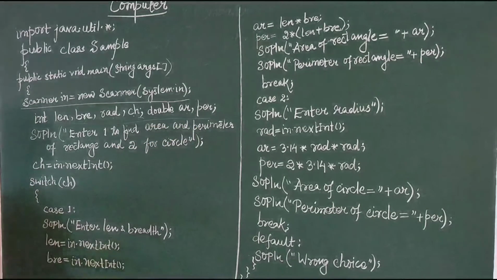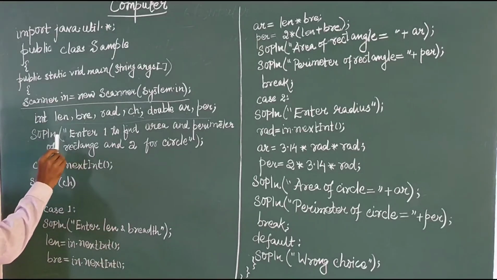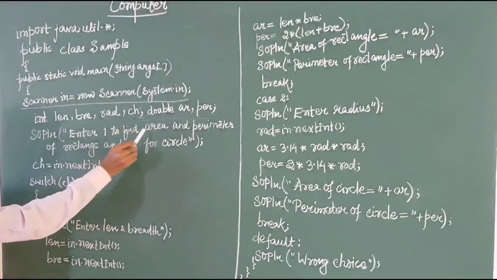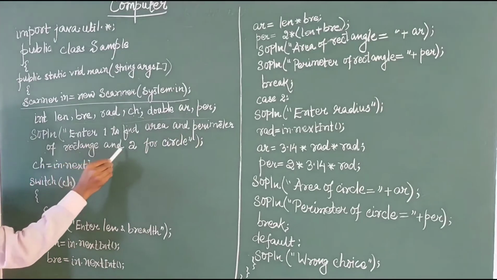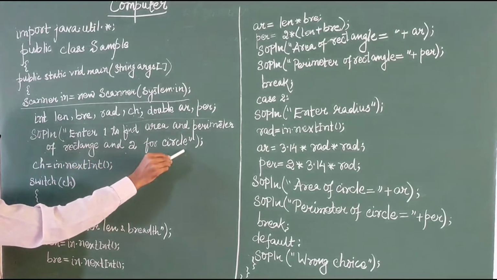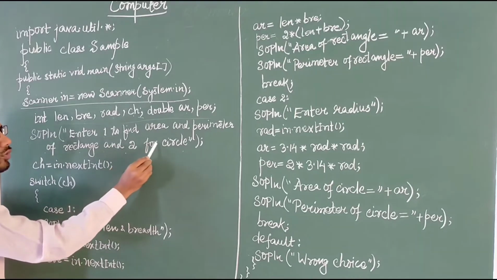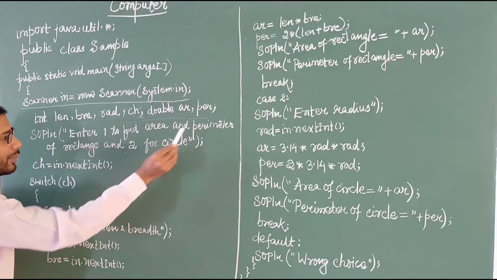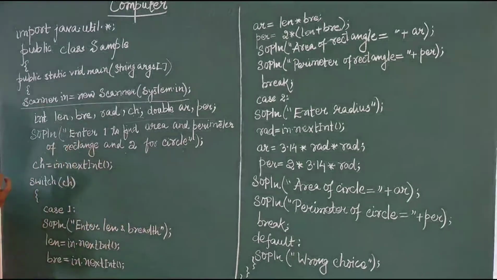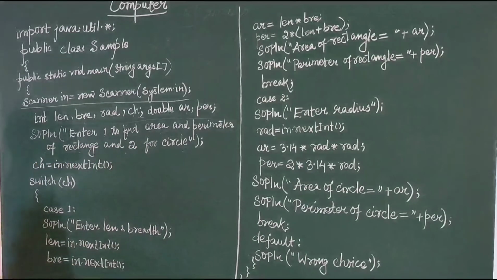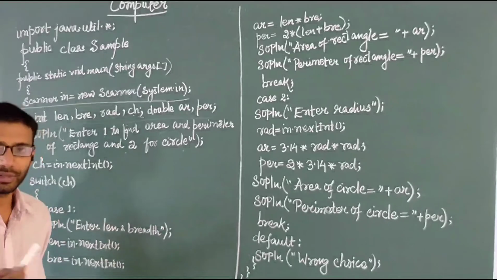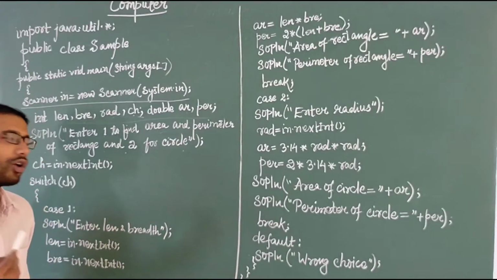Now, System.out.println: enter 1 to find area and perimeter of rectangle and 2 for circle. Clear? That means 2 for finding the area and perimeter of a circle. As soon as the user sees this line, he or she will definitely try to input some data, either 1 or 2.